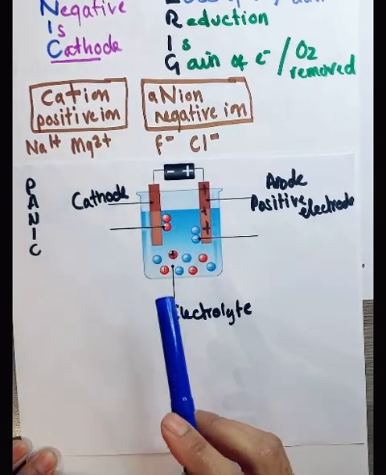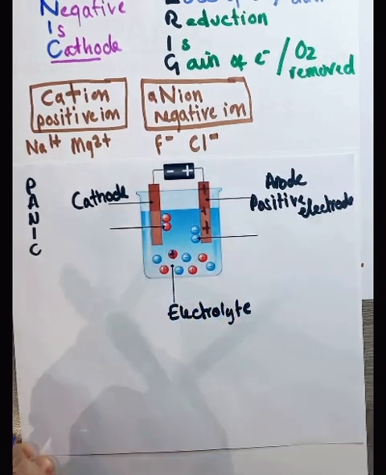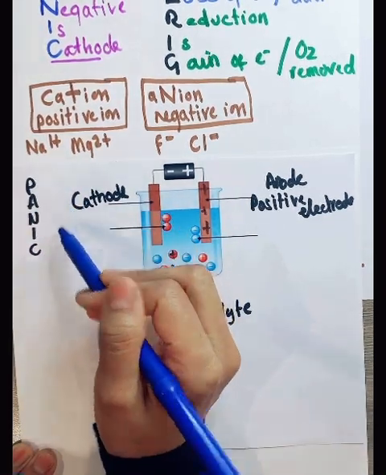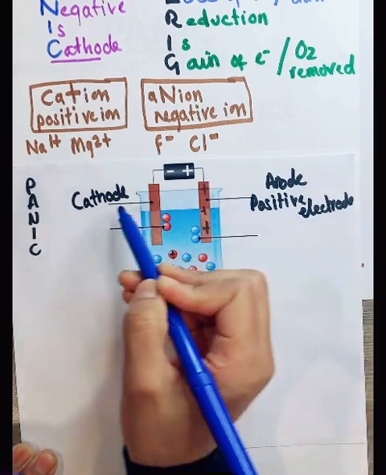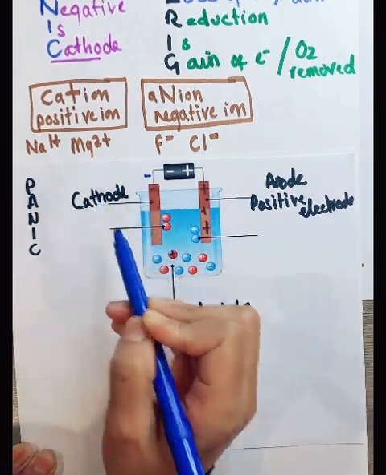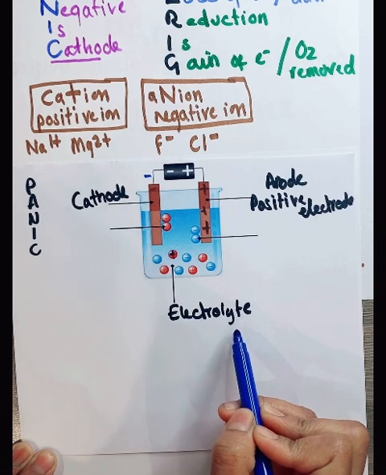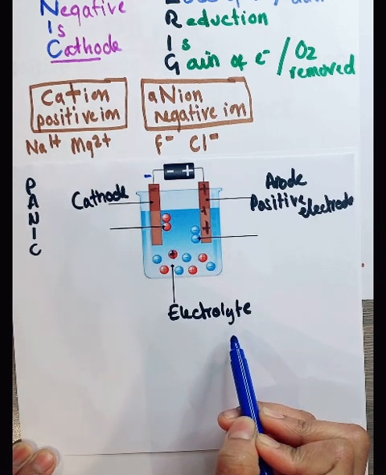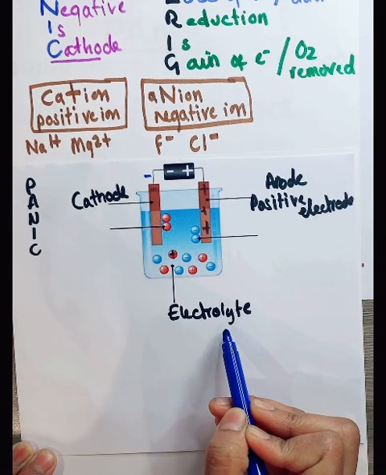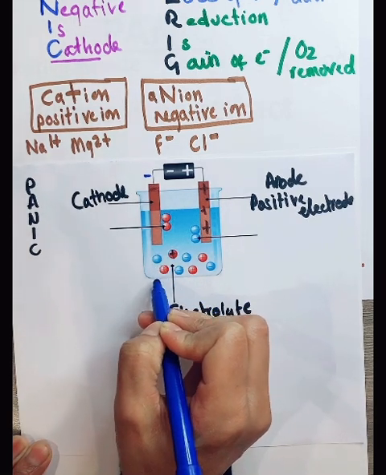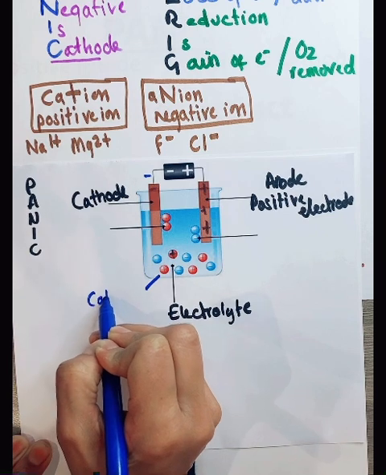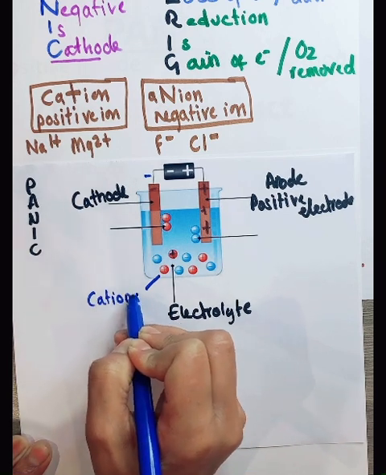Let's run through an example now. In an exam, if you see this diagram, write PANIC down the side. Positive is the anode, so the positive electrode is the anode. Negative is the cathode. The solution we are trying to separate using electricity is the electrolyte. Now remember the positive ions, so these red ions are positive, the name for them is the cations.